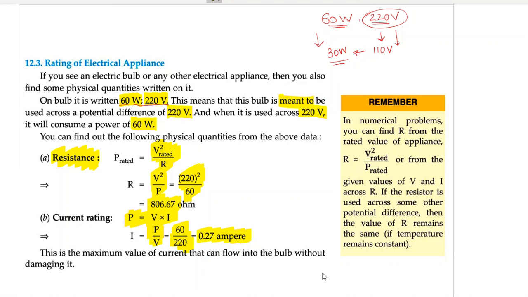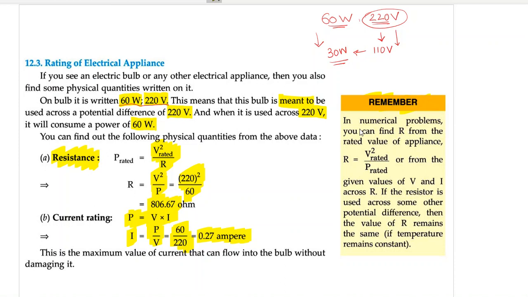This is the maximum current which can flow into the bulb without damaging it, right? So we got the value of maximum current. This maximum current is also known as safe value current. So you can find how much maximum current can flow through the bulb. There is one piece of information which is given here. Let's just read that.